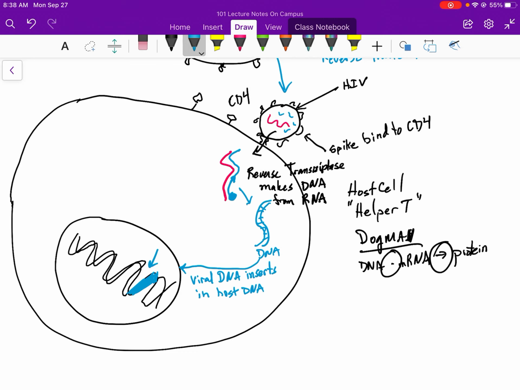But in this case, if you do get some kinds of viruses like HIV, the virus itself, yeah, it goes into the genome.